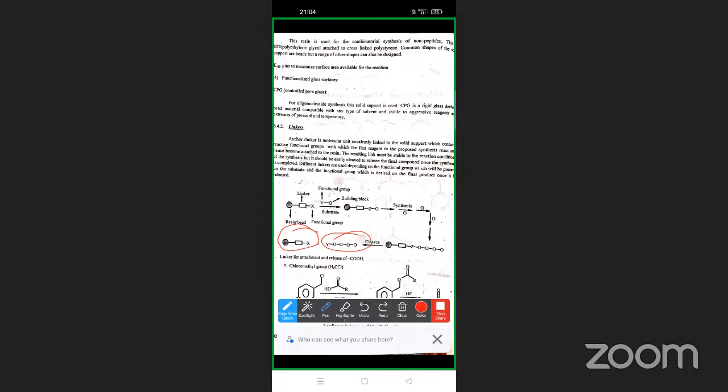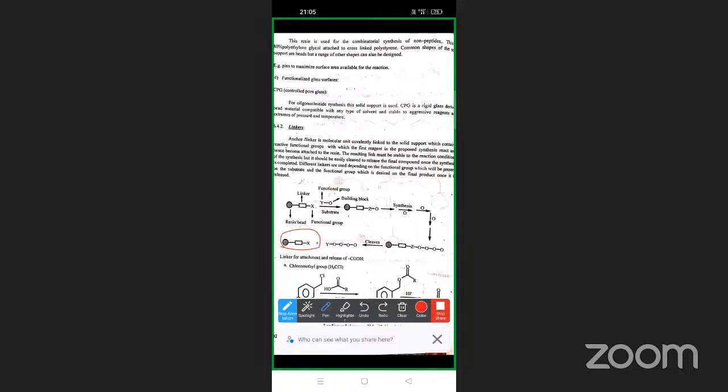It reacts with the building block or substrate molecule only partially. There is no permanent bond formed, only a partial bond is formed here. After completion of the reaction, when you cleave with the mineral acids, the cleavage takes place, and finally it is removed with its original functional group and its original state here.